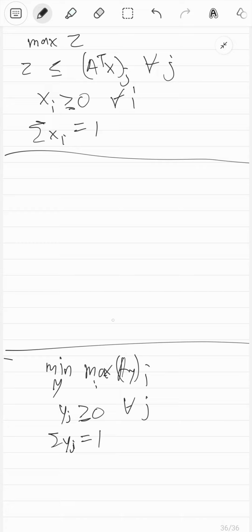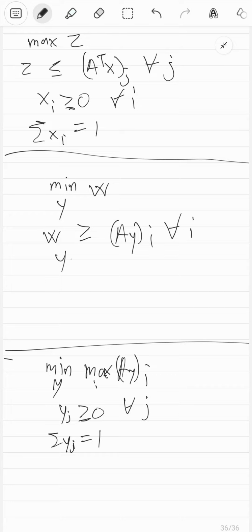What about this one? Once again we can do the same thing. We can say minimize over y, and let's call this whole thing w. Now we have to have that this is the maximum, right? So w should be bigger than or equal to each of the entries, so it's (A y) sub i.